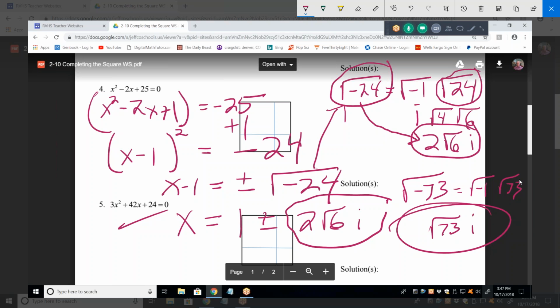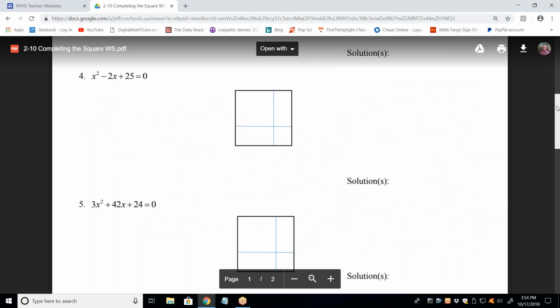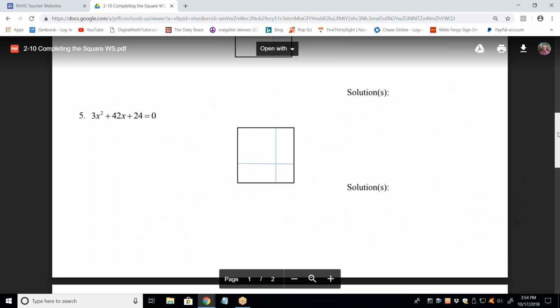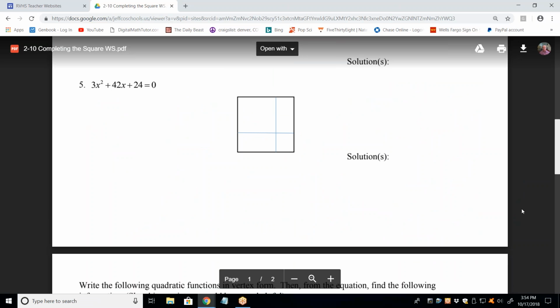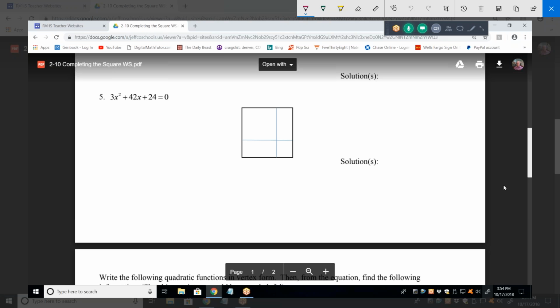Okay? All right. Problem 5 has a different aspect to it that we need to consider. It has a coefficient in front of the x squared term. Yeah, never seen that before. Well, easy enough to handle. First of all, what?